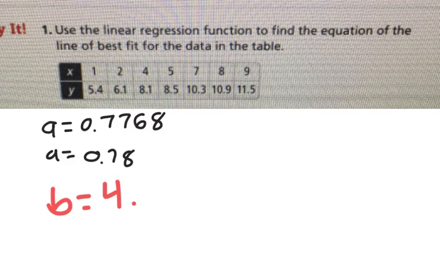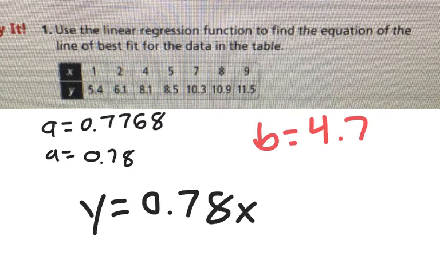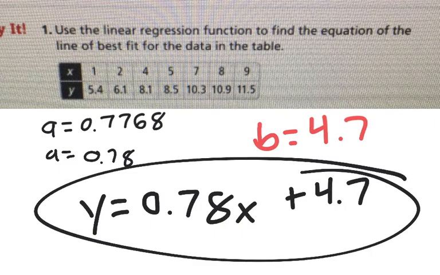So it's 4.7. And then for A, would you stick with 0.7? No, it would need to be 0.8, right? Because the 8 tells the 7 to go up. So your equation of the line would be y equals 0.78x plus 4.7. That's what my line would look like.